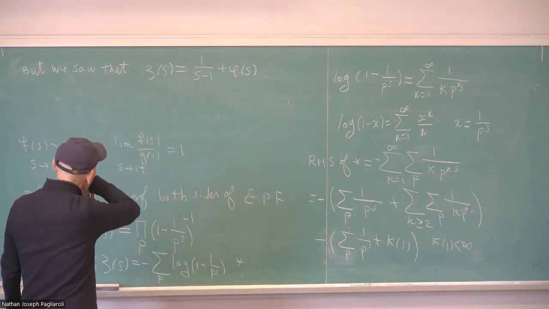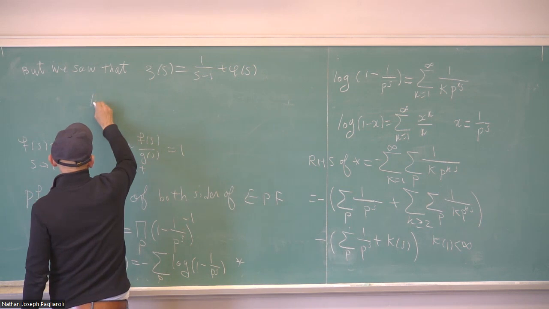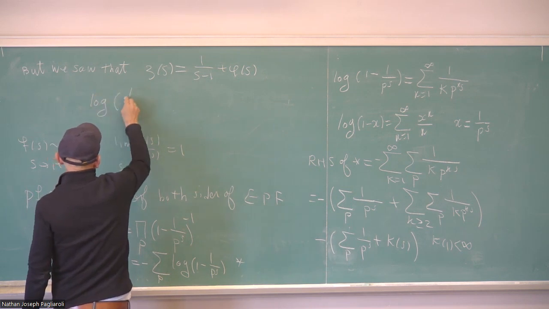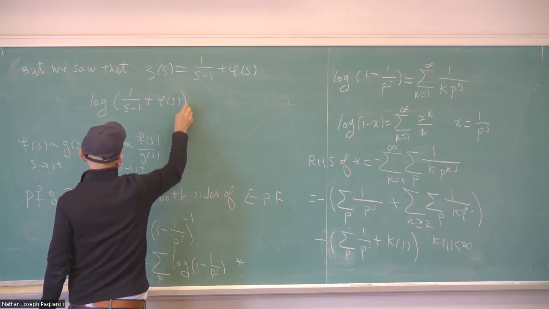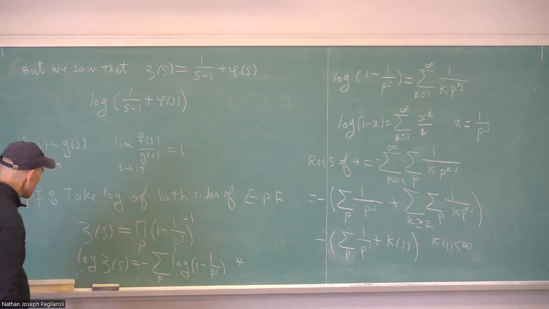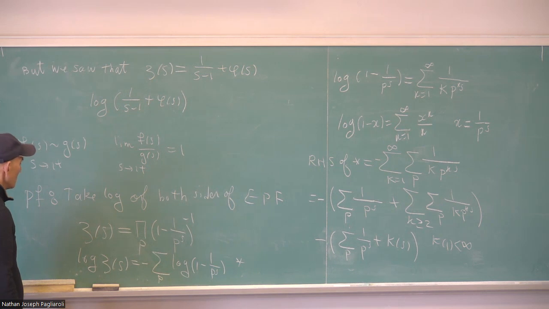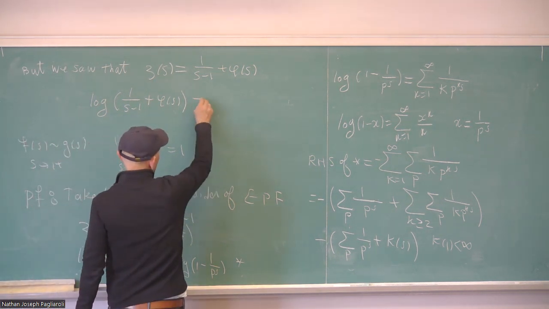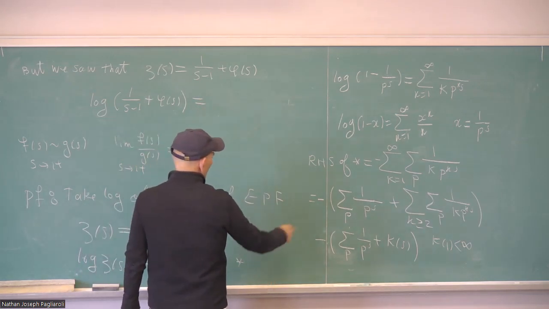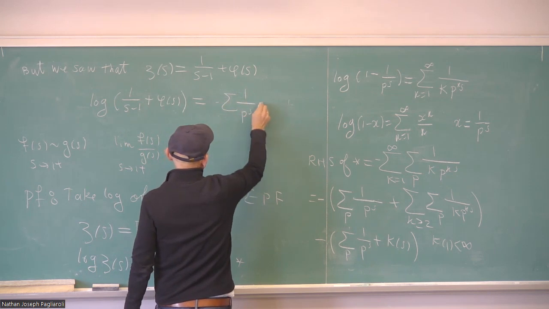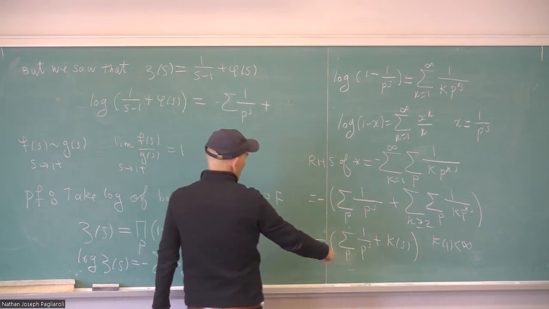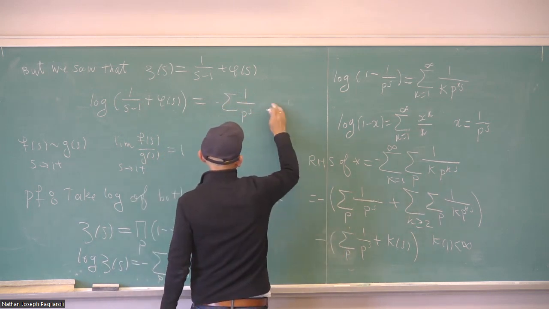So now we have here log of 1 over s minus 1 plus phi of s is equal to minus the sum of 1 over p to the s, plus minus k of s.